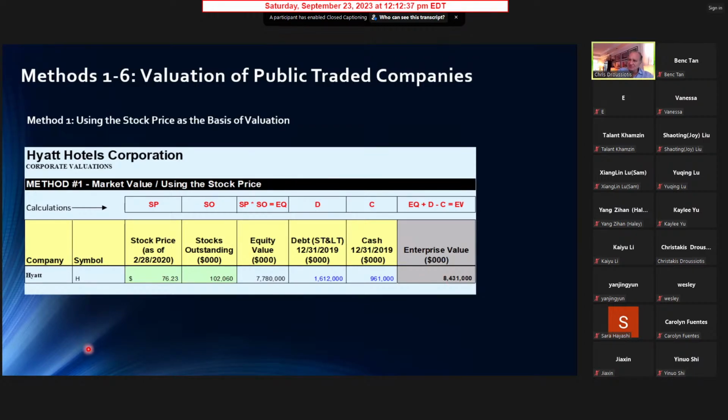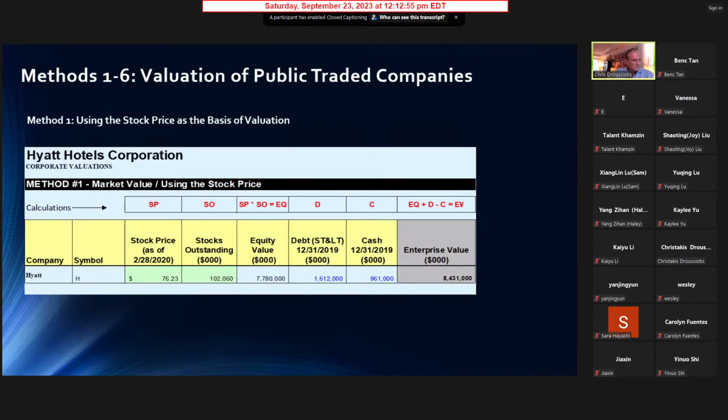So all the other methods that Wall Street runs are to challenge: is the fair value of Hyatt at 76? Is it a recommendation to buy at 76, sell at 76, or hold? Well, let's try different methods to do that.